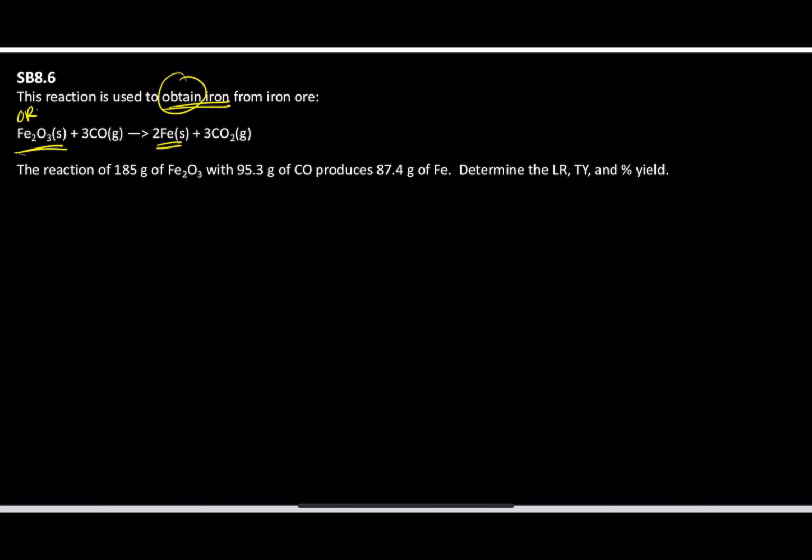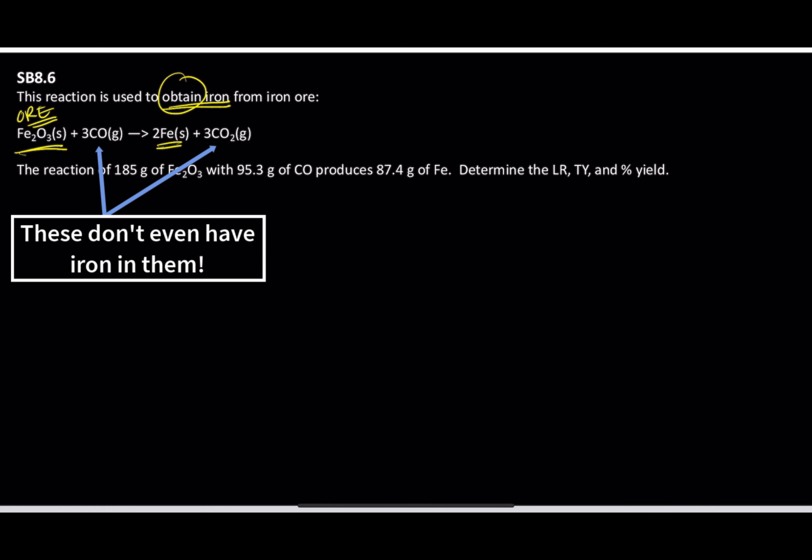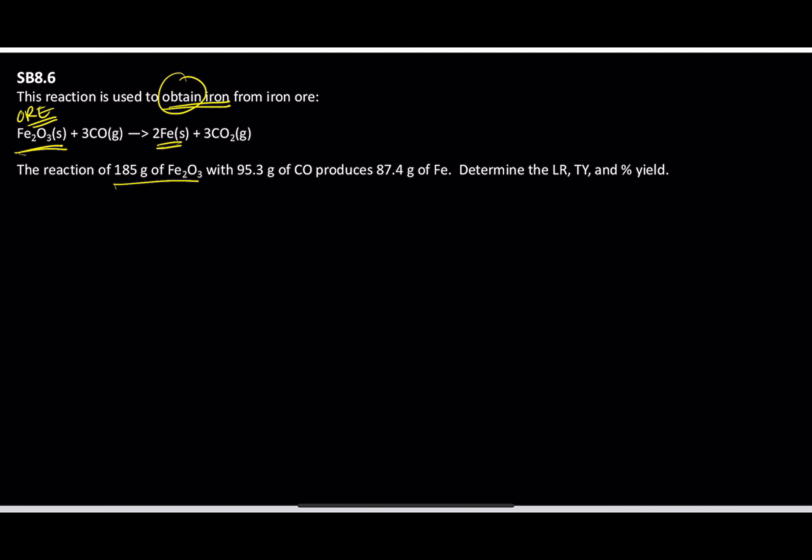Yes, this must be the iron ore, and this is just the plain old iron. So here we've got to use our reading skills. The question says the reaction of 185 grams of iron oxide or iron ore with 95.3 grams of carbon monoxide produces this much iron, meaning that this is the actual yield, the amount that we collect. Determine the limiting reactant, theoretical yield, and percent yield.